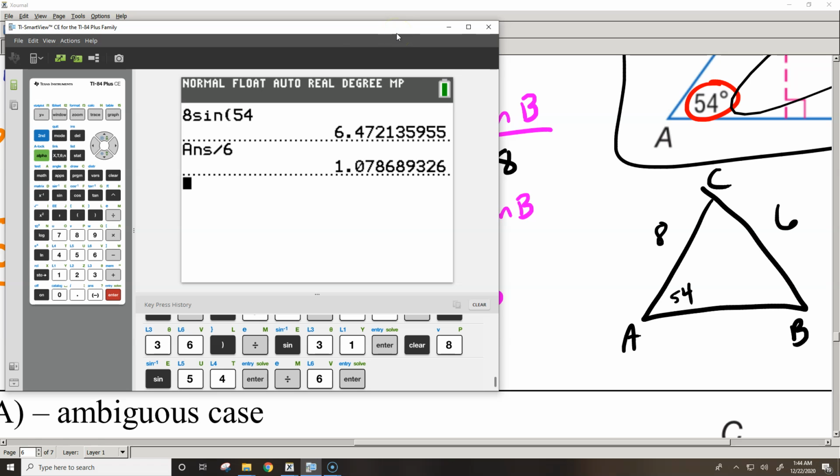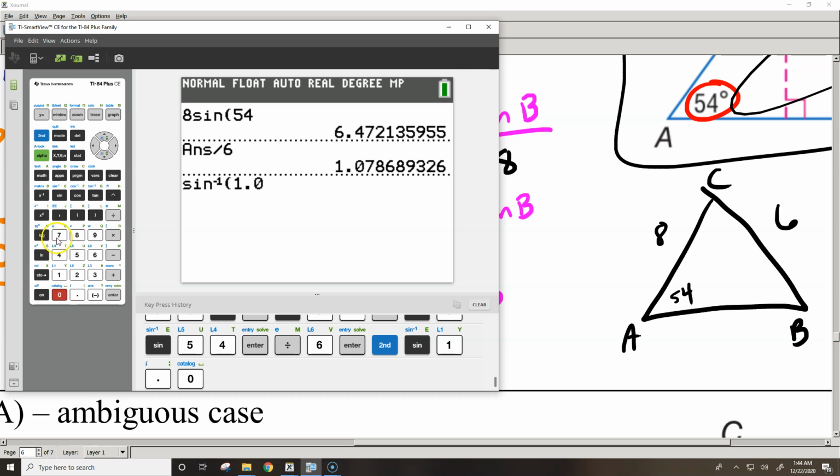This is going to give us a no solution, because now if I take the inverse sine of that answer, 1.07, you can think back to previous chapters. If you think about the unit circle, even though we're not using the unit circle, if I asked where on the unit circle the y values are 1.07, you'd say that's not possible, right? Because the maximum y value on the circle is 1.